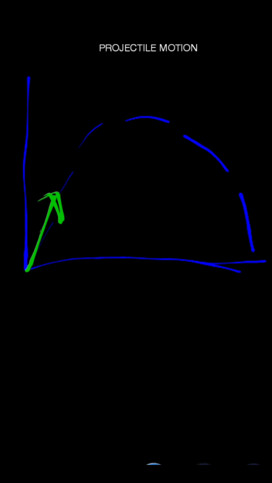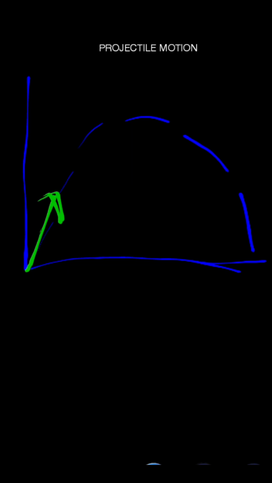Projectile motion is all about objects moving in 2 dimensions. The object is not moving in only the horizontal or only the vertical direction, but in both the x direction, which is horizontal, and the vertical direction.